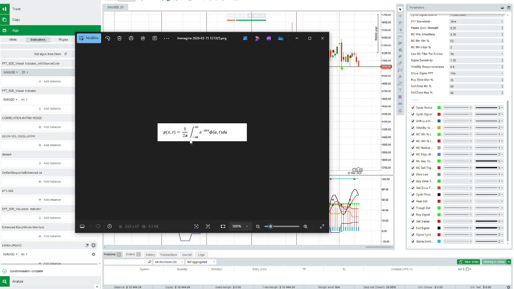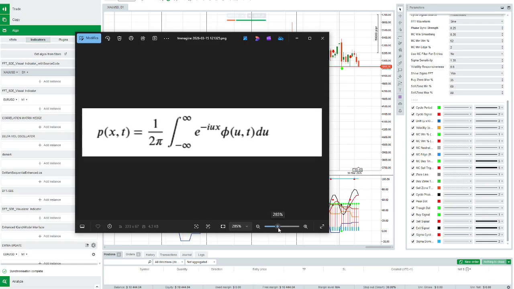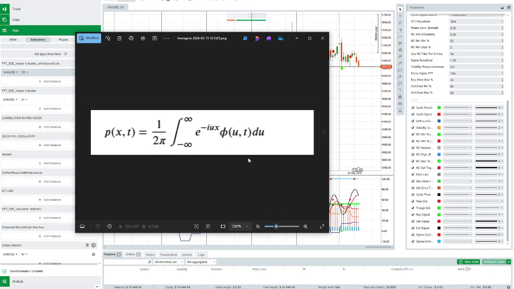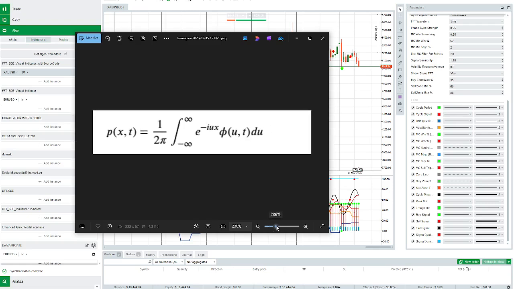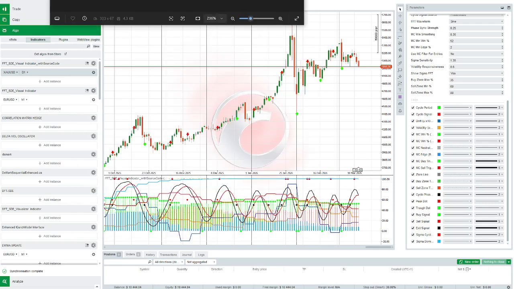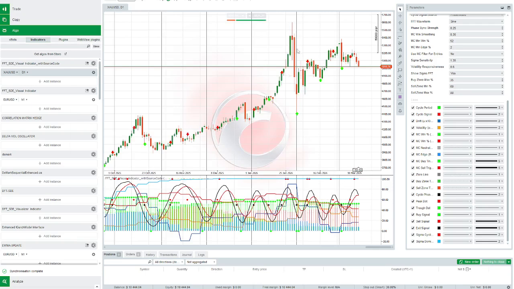Then you transform it with an inverse Fourier transform, and that's the magic that happens here. So the price, the candle bars on the trading chart, becomes a sine and cosine wave function signal.